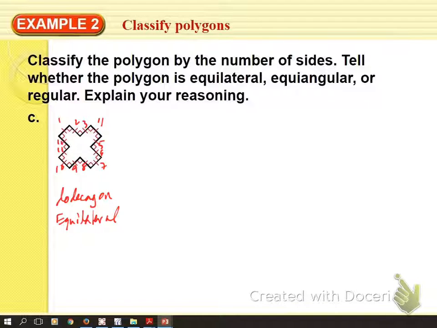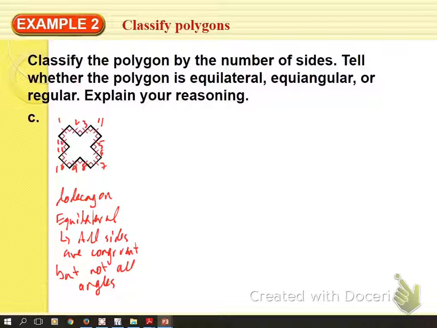Is it equiangular? The answer to that question is no. If it's concave, it will not be equiangular. So equilateral, all sides are congruent, but not all angles. Like I said, the hint is if it's concave, it cannot be equiangular. Okay?